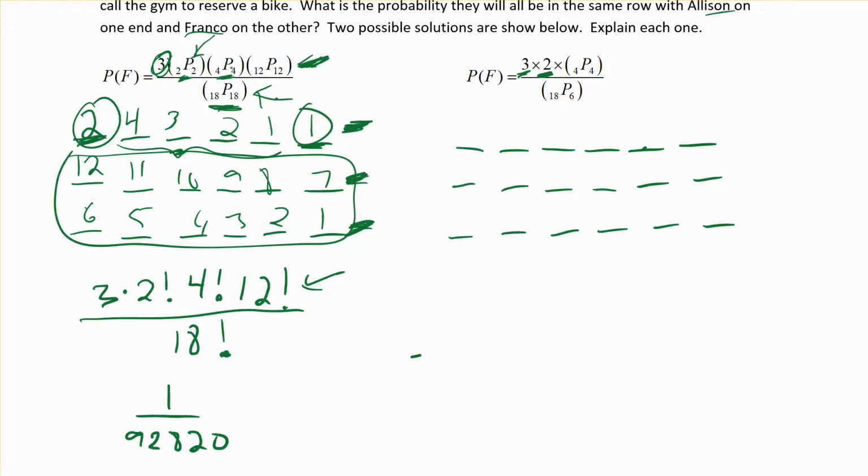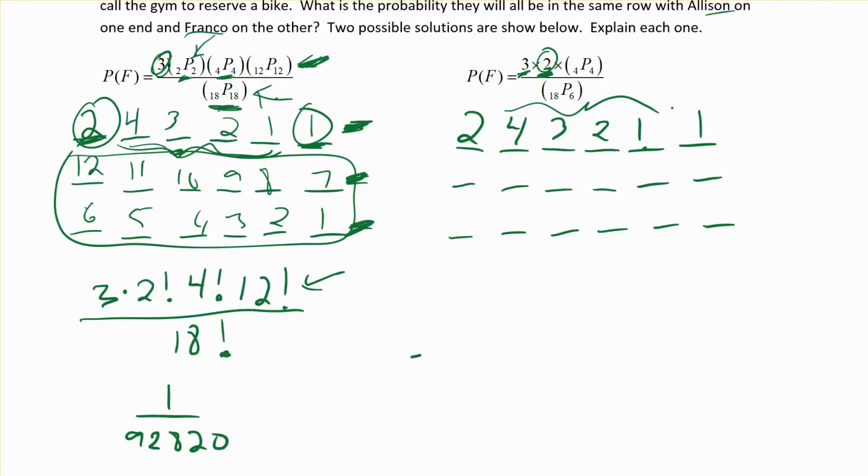And then 4P4 is the same thing as these guys in that part. So 2 and 1, that's where that comes from. 4P4 comes from 4, 3, 2, 1. So 4 factorial, right, from there to there.